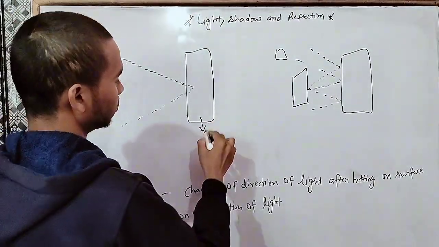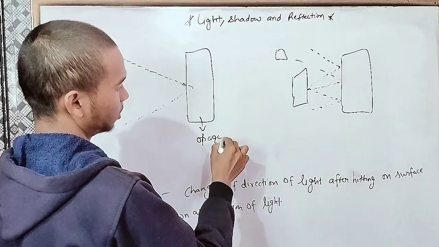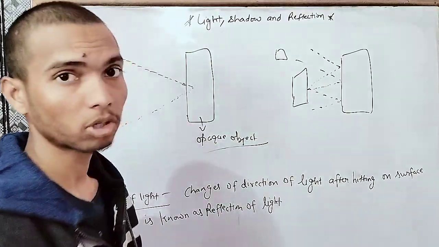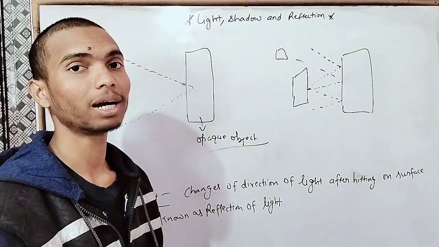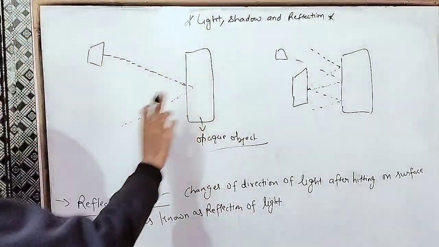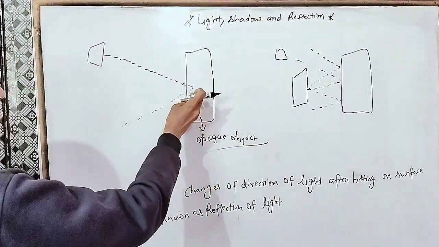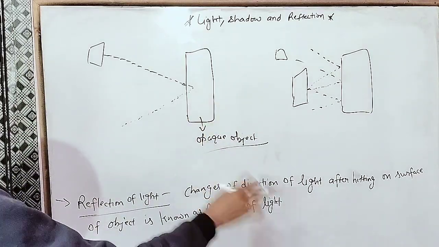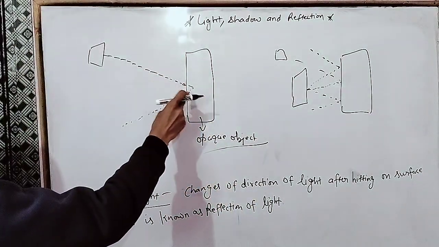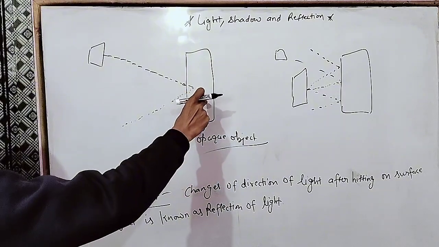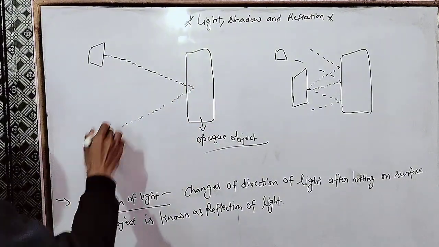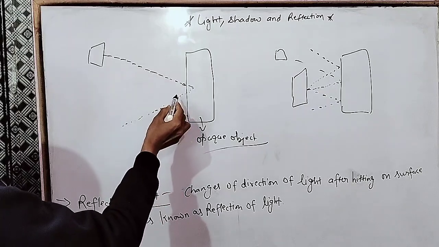The opaque object says, I will not allow light to pass through me. When the opaque object doesn't allow it, the coming light, after hitting the surface, turns into another direction like this. So this is the incidence ray, as we know.